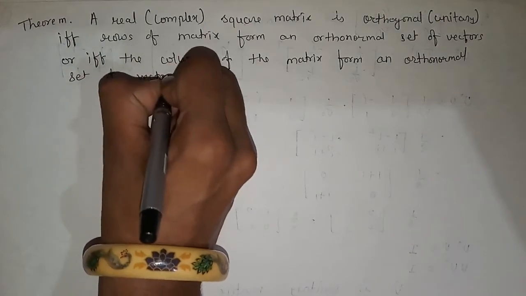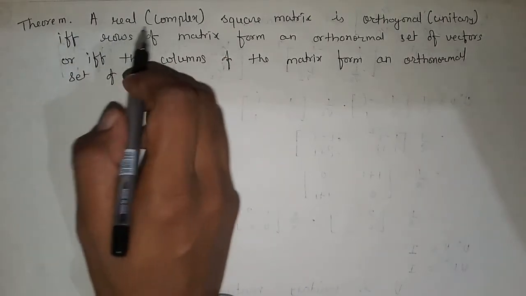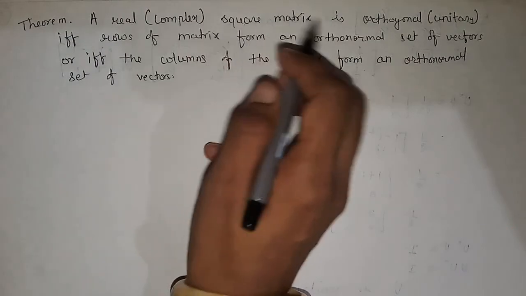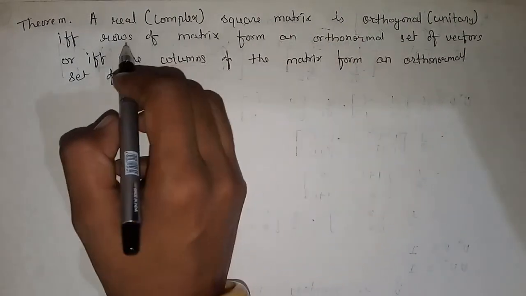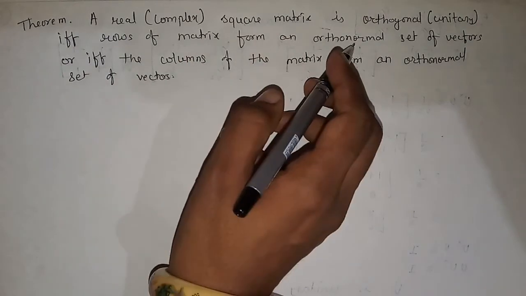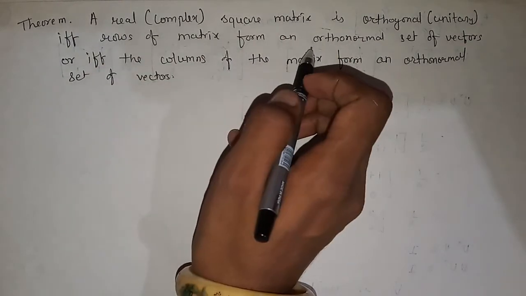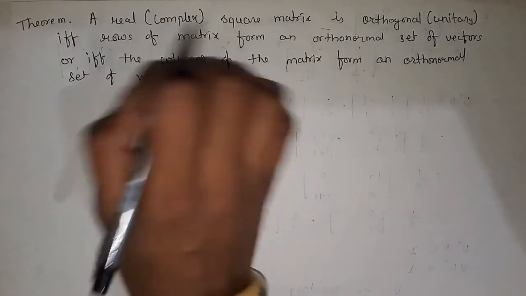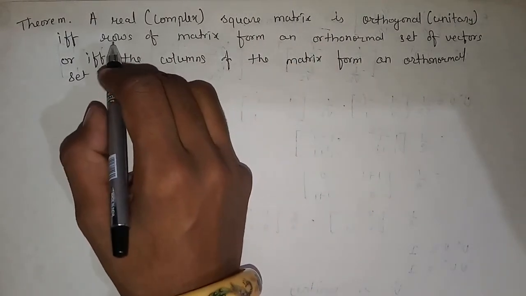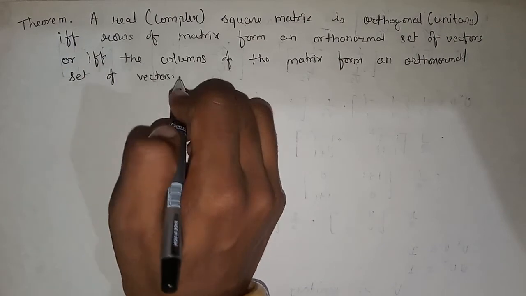So we have to prove in this theorem, if we have any real or complex square matrix and it is orthogonal, then rows of the matrix form orthonormal set. If rows of the matrix form orthonormal set, then the matrix is orthogonal. Either we can prove this by row or by column.